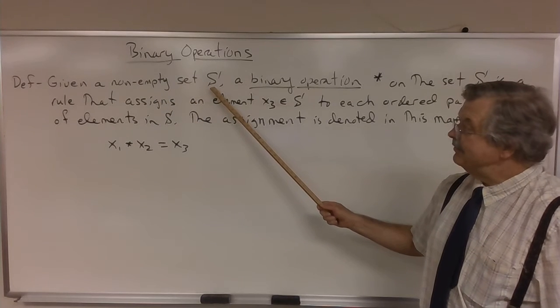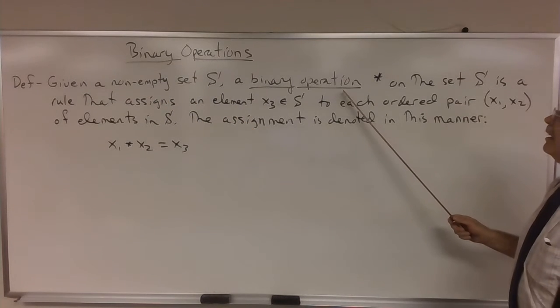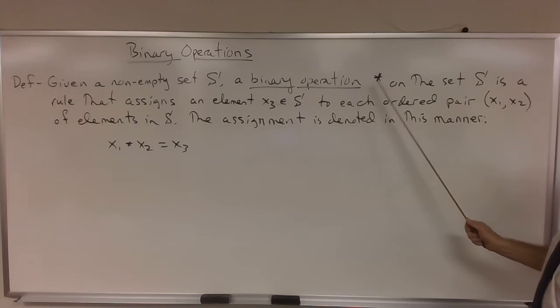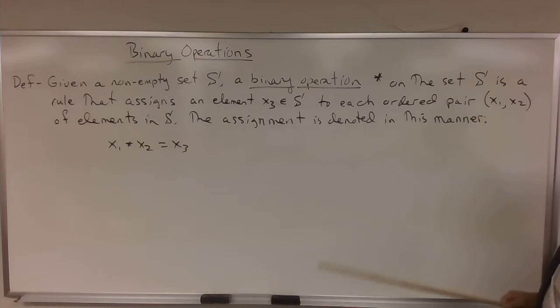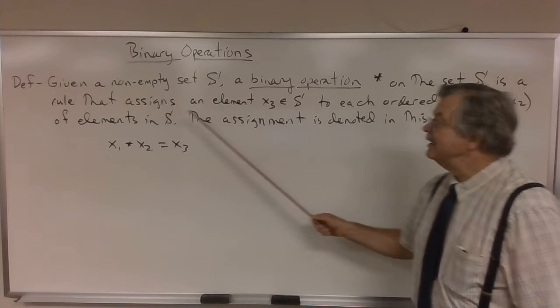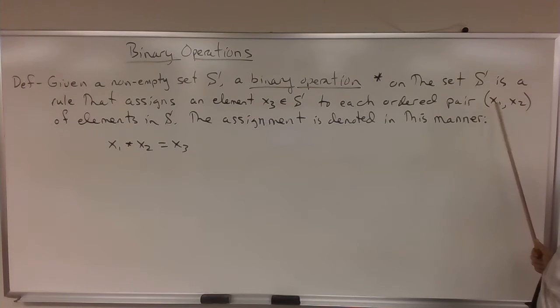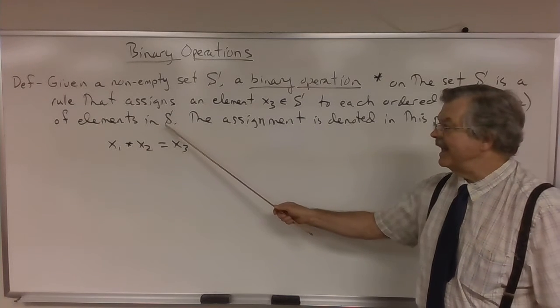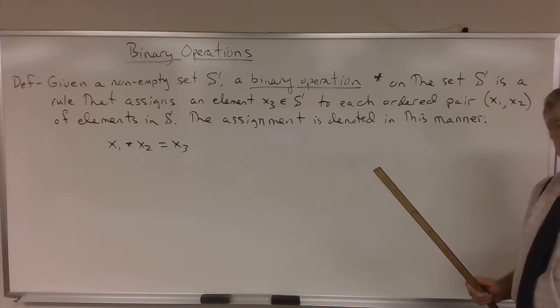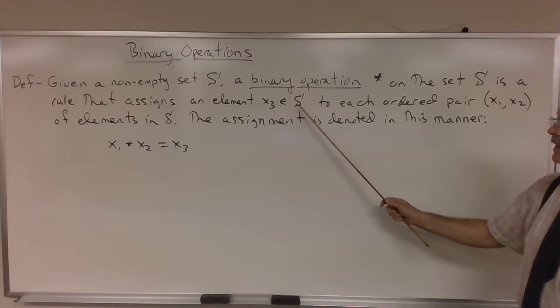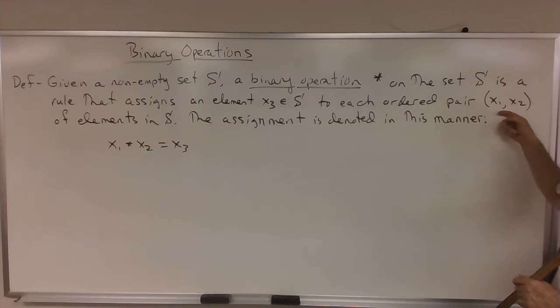Given a non-empty set S, a binary operation star on the set S is a rule that assigns an element x3 in S to each ordered pair of elements x1, x2 in S. And it's important to note this element x3 in S is assigned to the ordered pair x1 and x2.